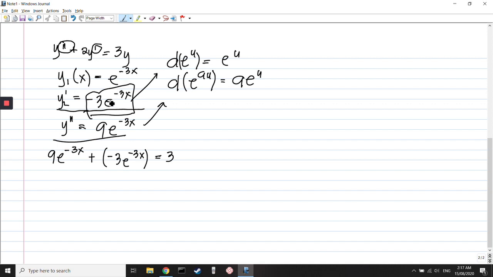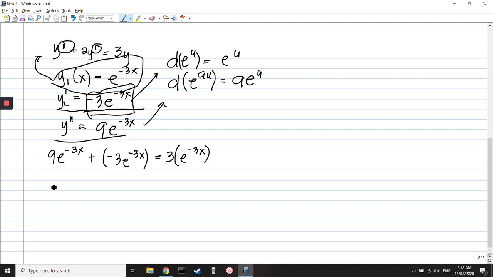What is y? y is e raised to the power of 3x. Thus, we just need to operate on these values to prove that this is a solution of this equation.